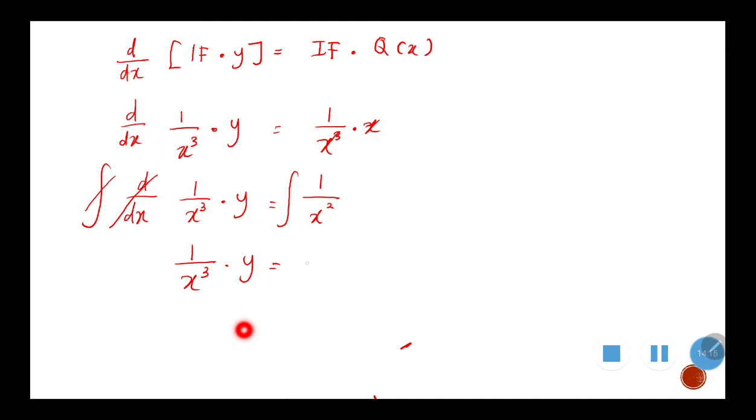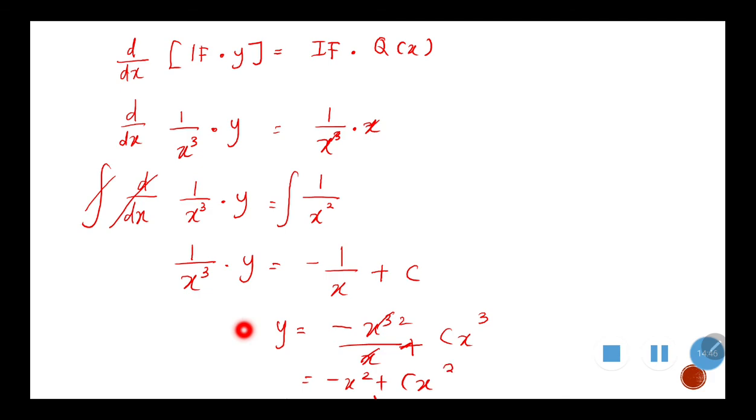Minus 1 over x plus c. For the final answer, you should leave only y at the left hand side. So y equals minus 1 over x plus cx to the power of 3. Simplify this, you will have minus x square plus cx to the power of 3.